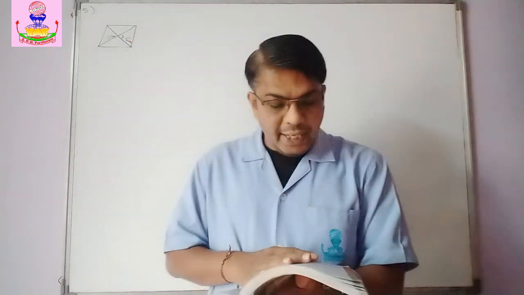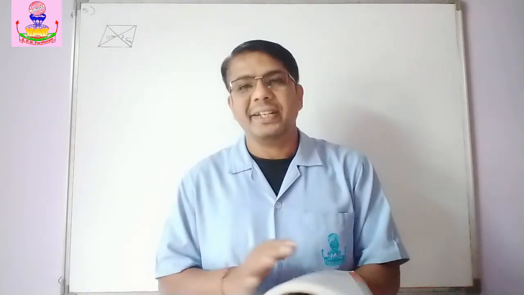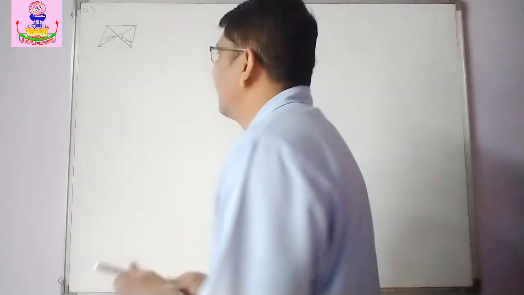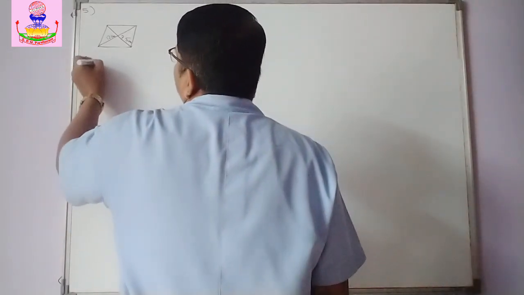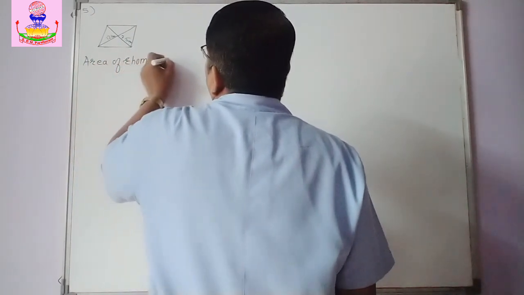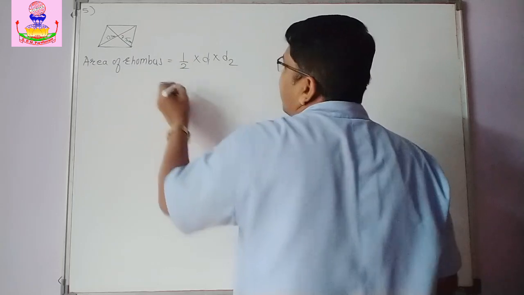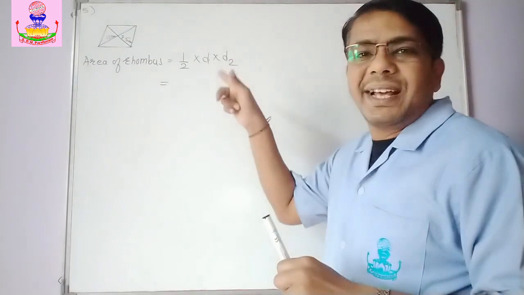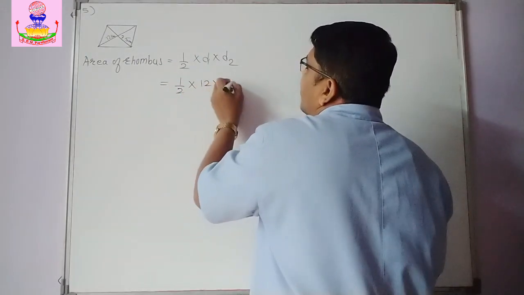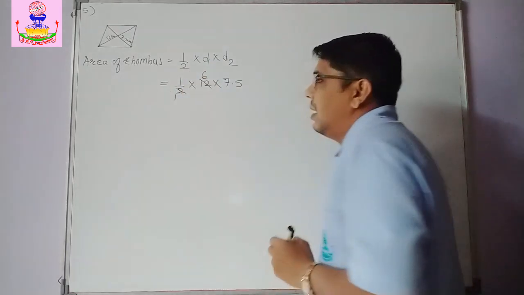Now see the fifth one. The diagonals of a rhombus are 7.5 centimeters and 12 centimeters. Find its area. Now we know the area of rhombus formula when diagonals are given. So area of rhombus is equal to half into d1 into d2. Simple example. So we know the length of both the diagonals. So half into d1, that is 12, into d2, that is 7.5. 2 ones are 2, 2 sixes are 12.